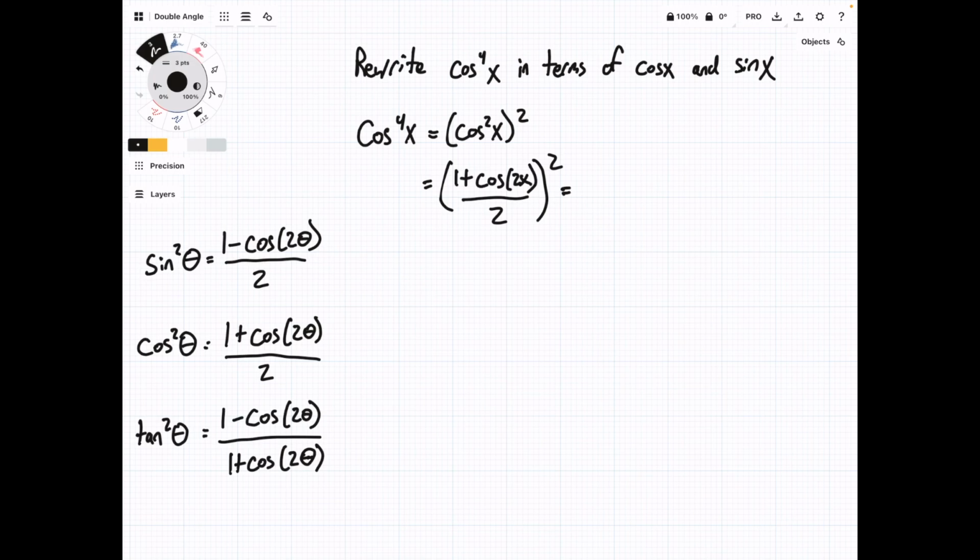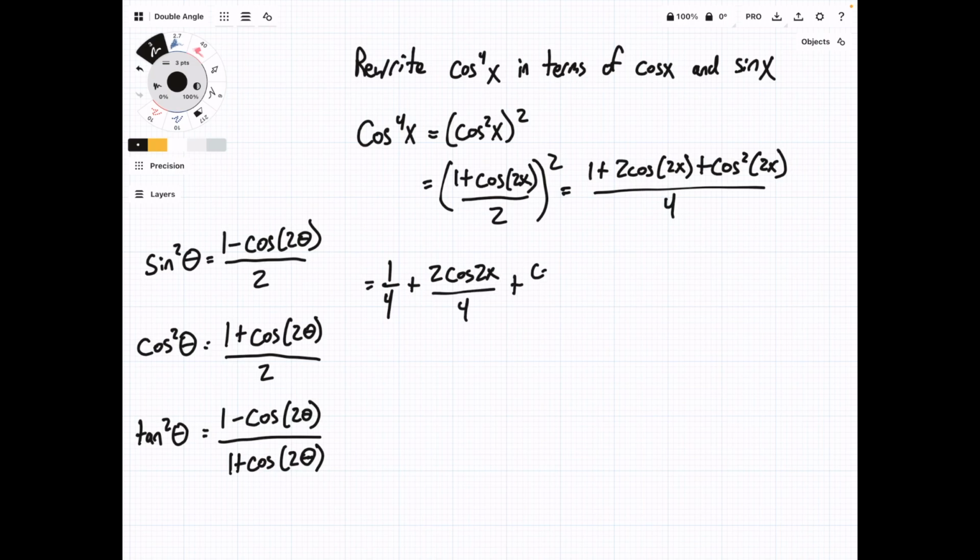We'll do this math out. It's going to be 1 plus 2 cosine of 2x plus cosine squared 2x, all over 4. Then we're going to break it up into individual functions. So we're going to have 1/4 plus 2 cosine 2x over 4 plus cosine squared 2x over 4. Then what we should see is we have another cosine squared. So we're basically just going to repeat the process and substitute in our value here.